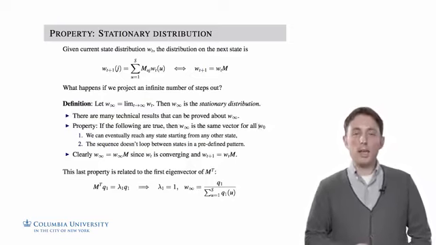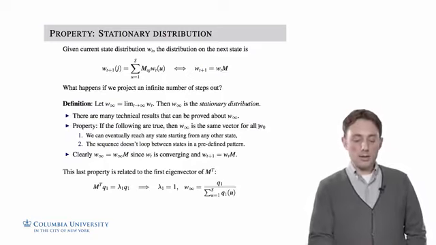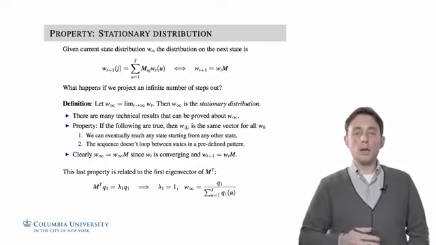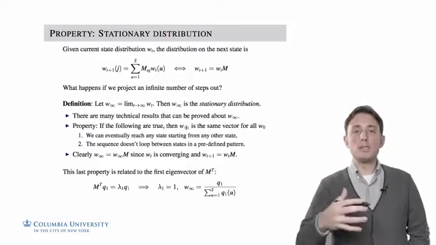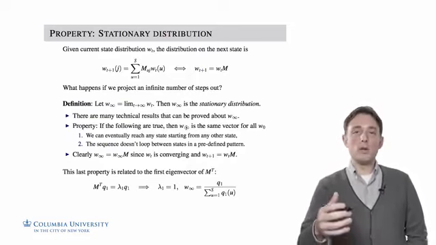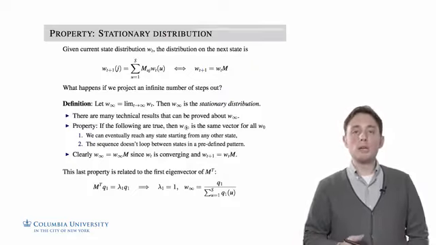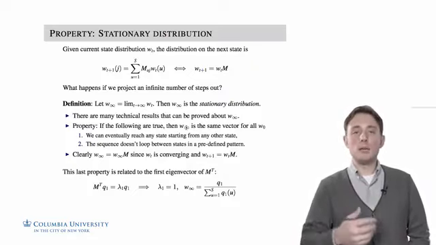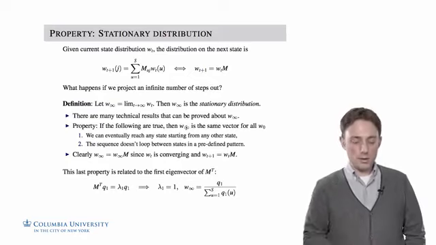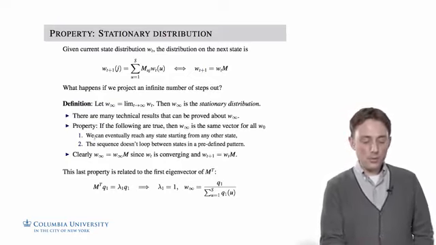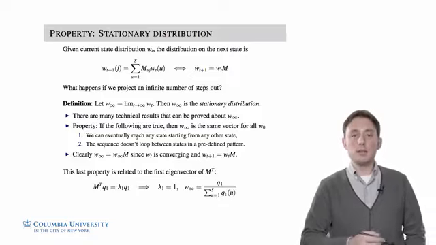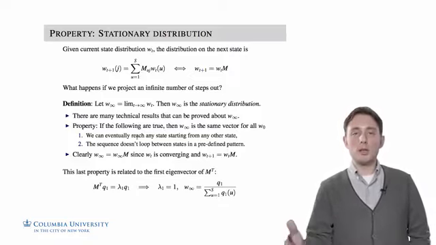Given any state that I start out at, my distribution on where I'm at an infinite number of steps from now is the same in all cases. So just telling me where I'm starting is not going to help me say anything about where I'm going in the infinite distance. But this is only true if, first, we can reach any state in the Markov chain by starting from any other state.